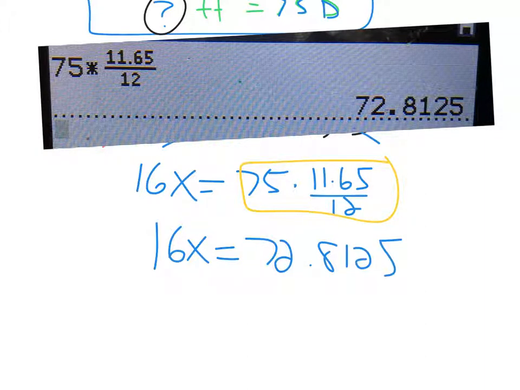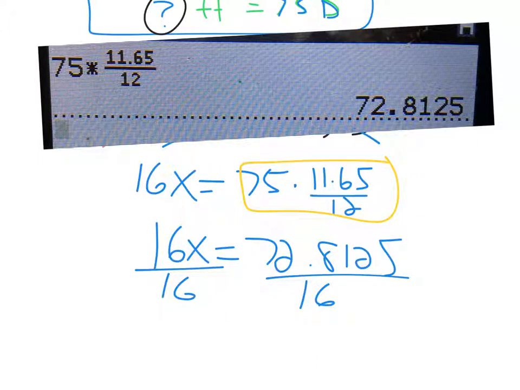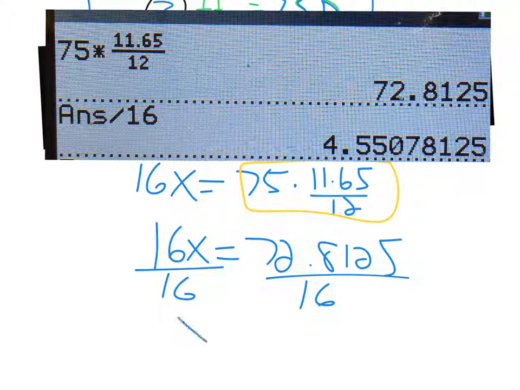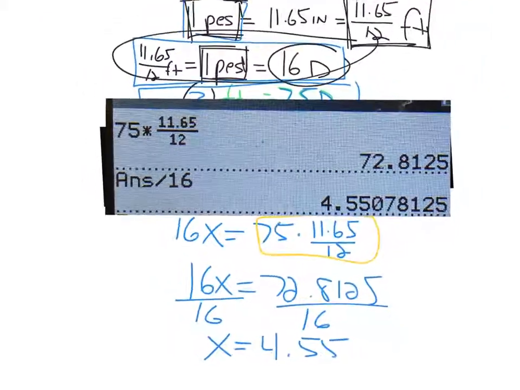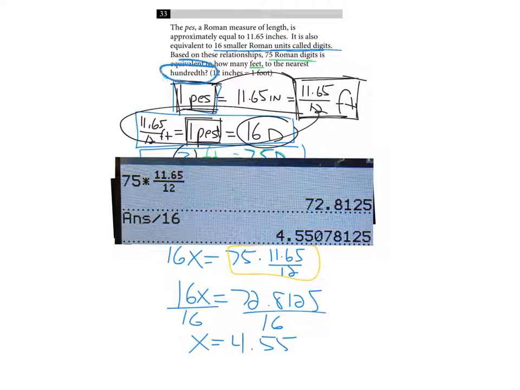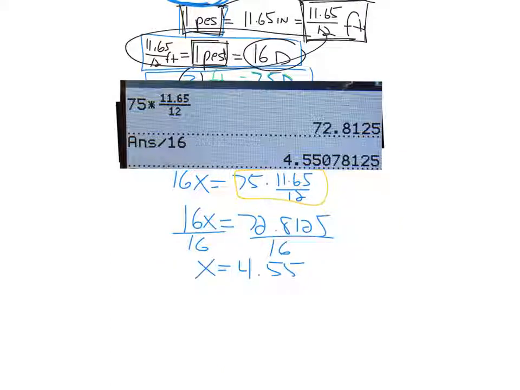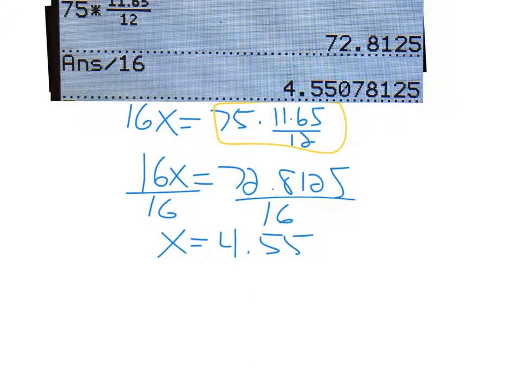And here now to solve for x, I'll divide both sides by 16. So here the answer is going to be that 4.550 number. But the question said to the nearest hundredth, so that's 2 decimal places. So here your answer is going to be 4.55.